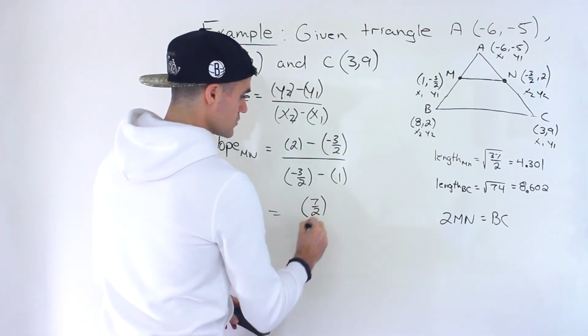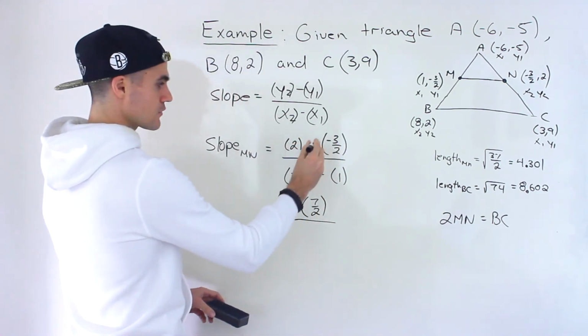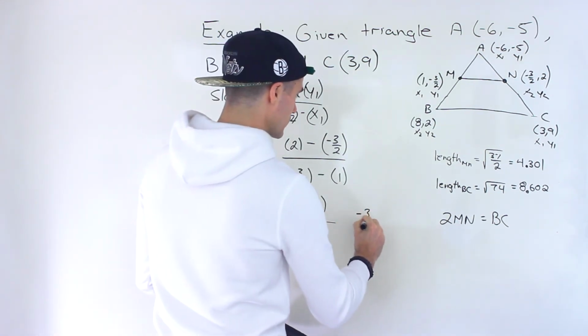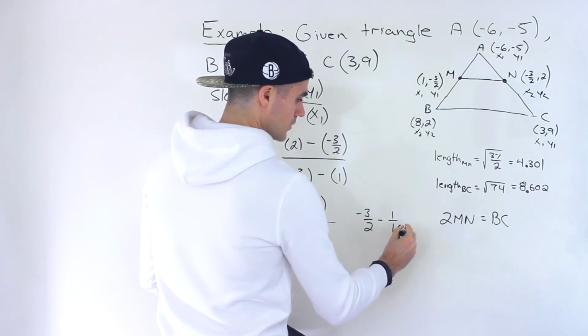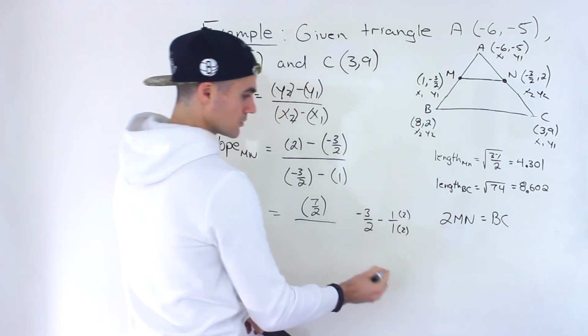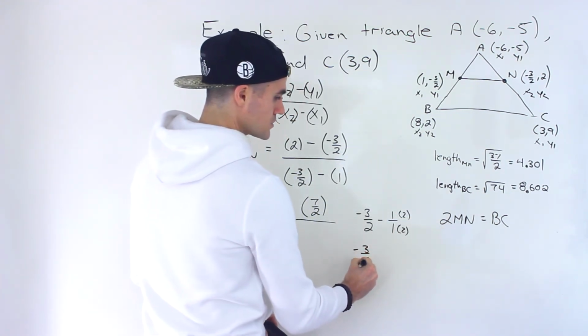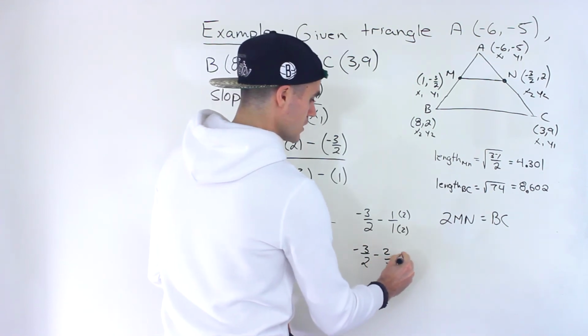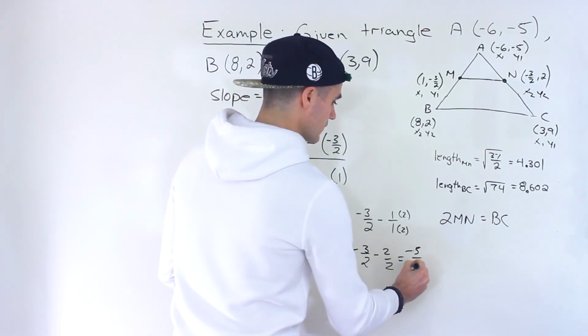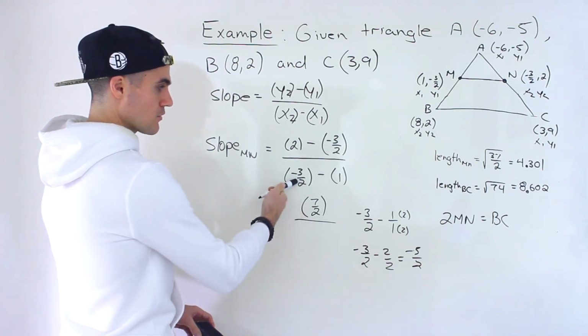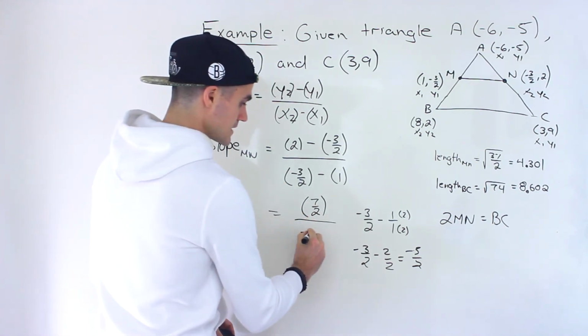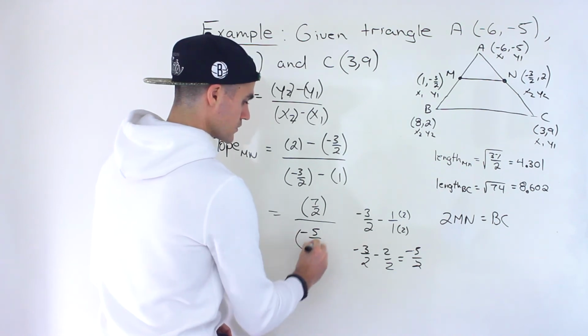So this numerator ends up being 7 over 2, then we'll have negative 3 over 2 minus 1, which is like over 1. Common denominator is 2, multiply that by 2, multiply that by 2. So negative 3 over 2 minus 2 over 2, which gives us negative 5 over 2. Right? So this denominator simplifies to negative 5 over 2.